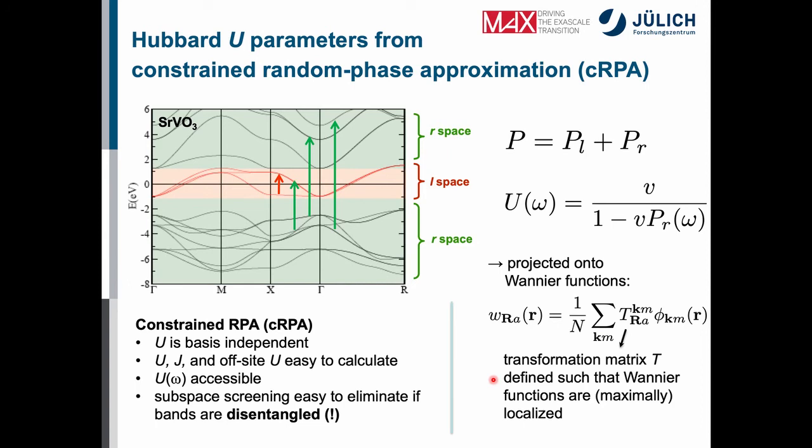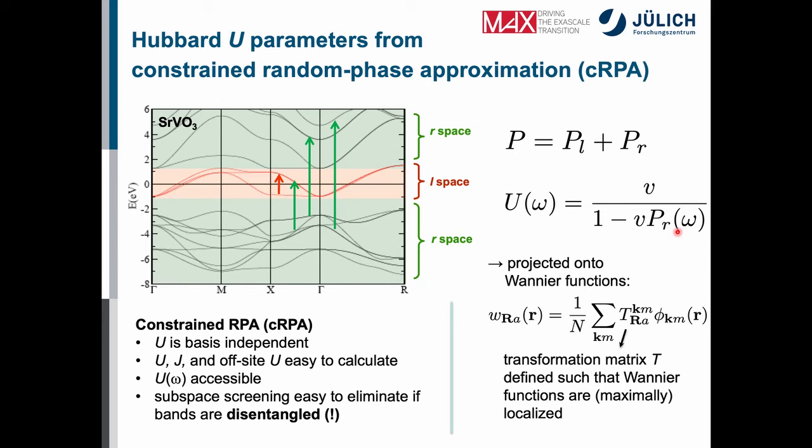The partially screened Coulomb interaction is then obtained by renormalizing the bare interaction, V, by the polarization function, but only by the polarization contribution from the rest of the system, P_R.